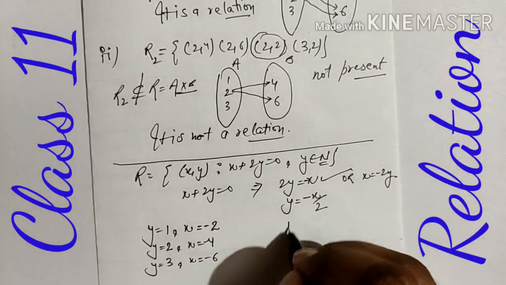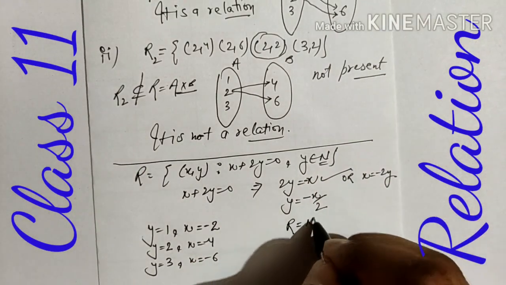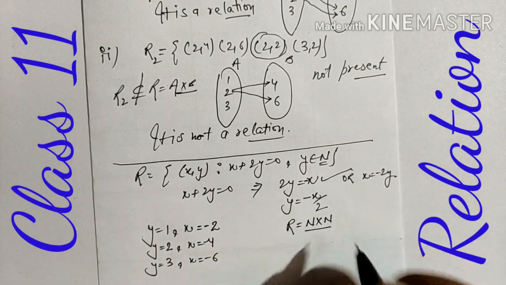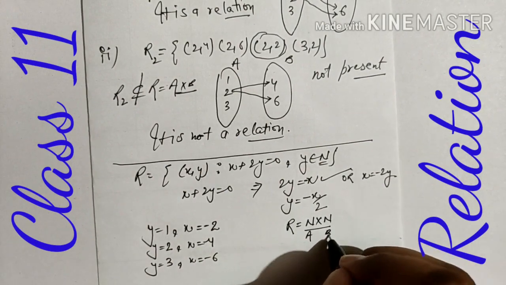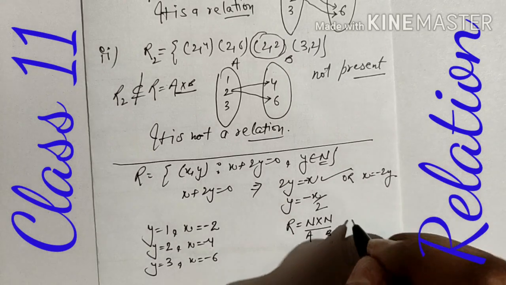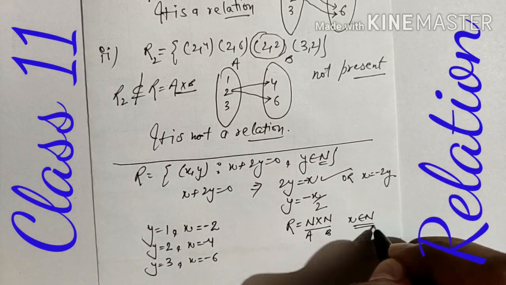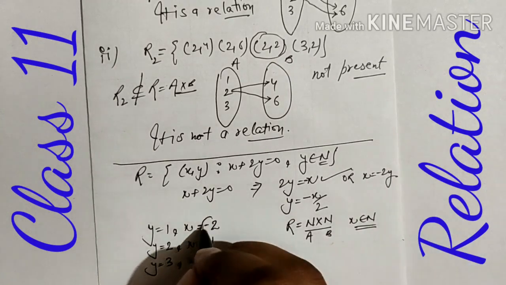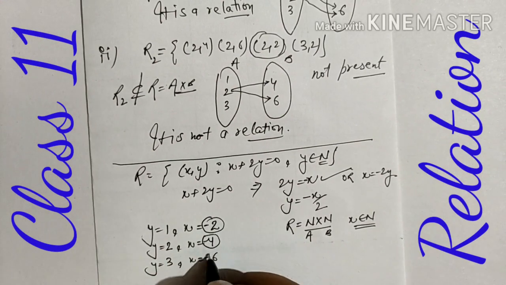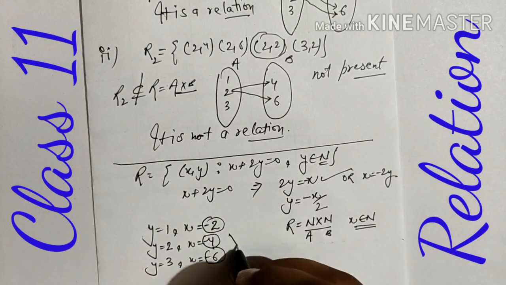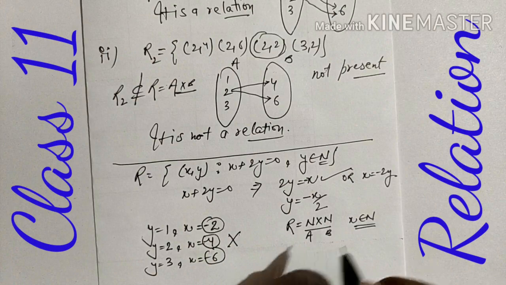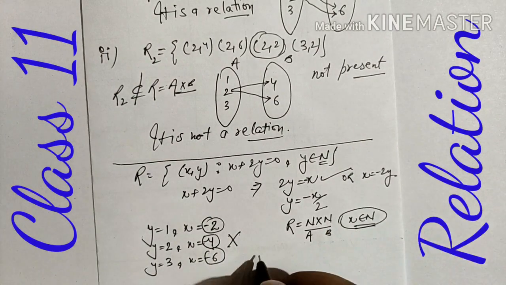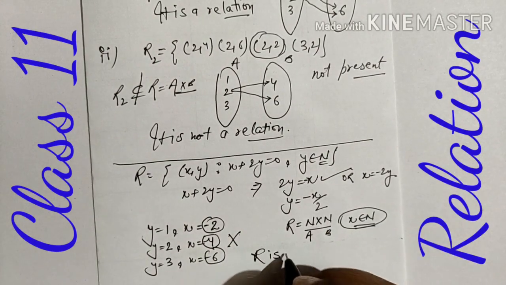It means R should be like this, natural number cross natural number, meaning the first set A is natural, the second is also natural. It means x should belong to natural numbers also. But x is -2, -4, -6, all are not natural numbers. So the condition fails, R is not a relation.